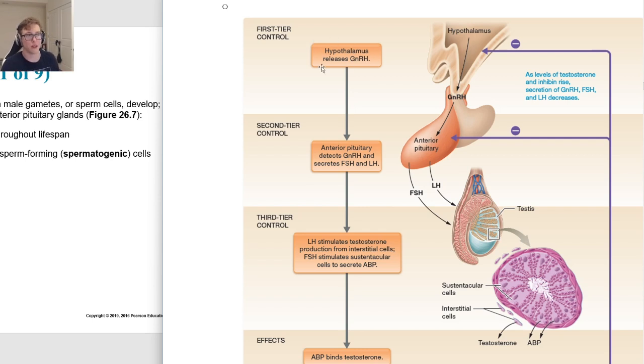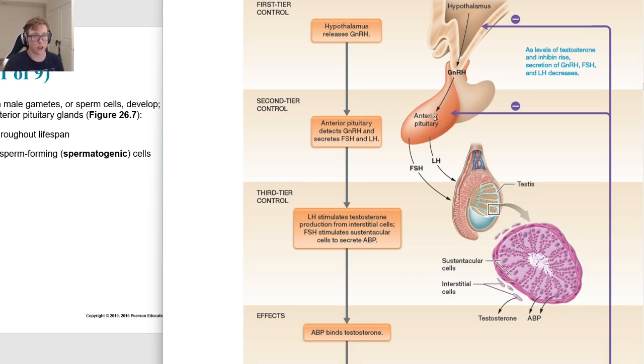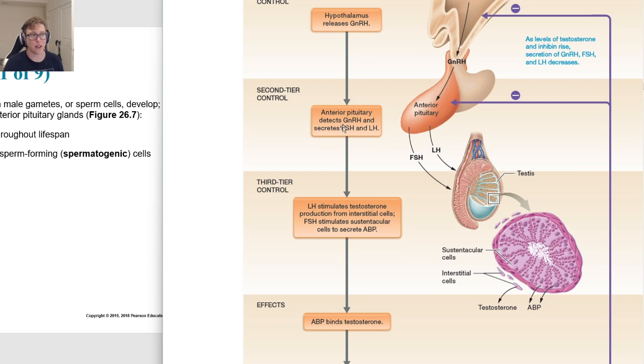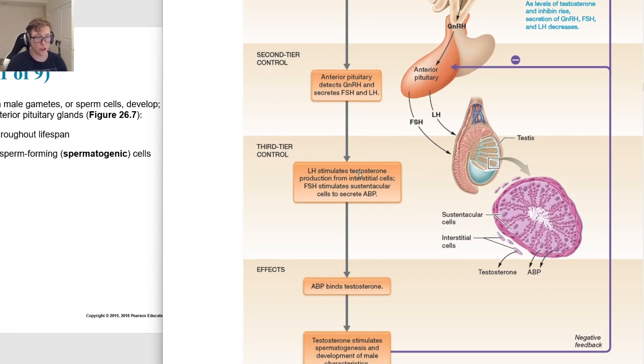The hypothalamus releases GnRH, which is gonadotropin releasing hormone. This GnRH will stimulate the anterior pituitary gland to release luteinizing hormone or follicle stimulating hormone, LH and FSH respectively. Now, LH will stimulate testosterone production from the interstitial cells, Leydig cells.